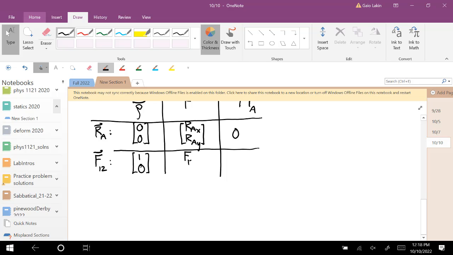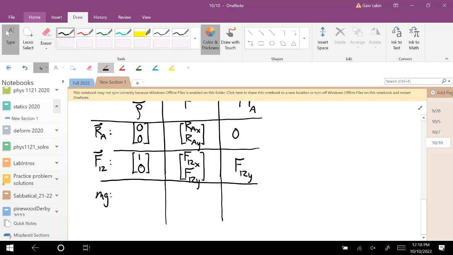The force is F12X, F12Y. And the cross product is F12Y. And then the weight force acts at the same point, so the row vector has to be the same: 1, 0. The force is 0, negative 490.5. And the cross product is negative 490.5.